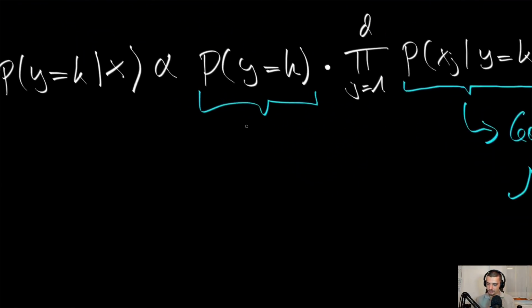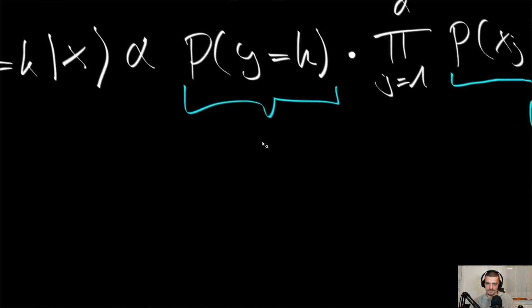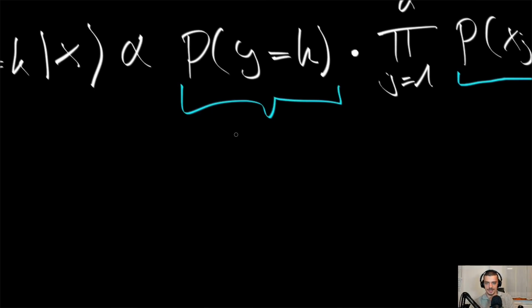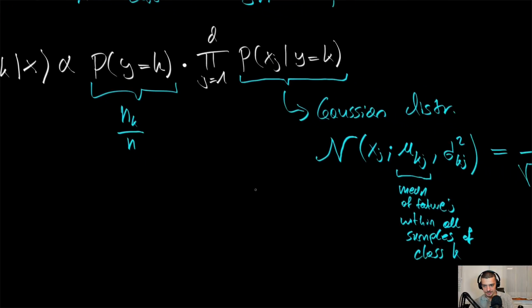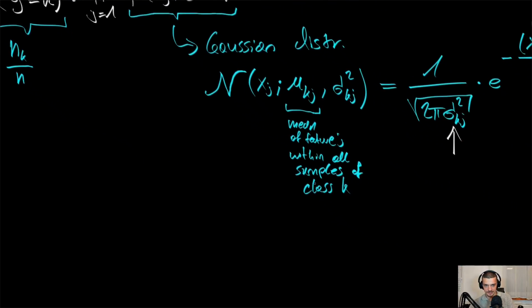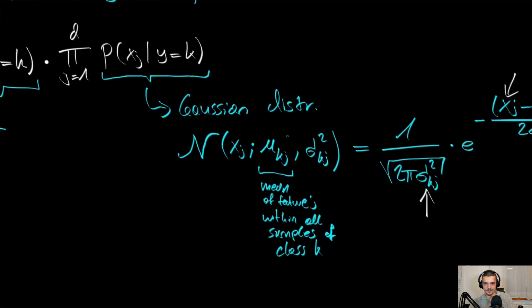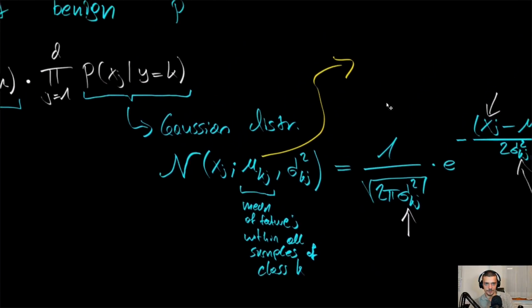For the prior probability, it's very, very simple. All we need to do here is take the number of instances with class K divided by the number of instances. And maybe to finally define this correctly, let me take the yellow color for this. What is the mean? So maybe we can get an arrow here for the mean.